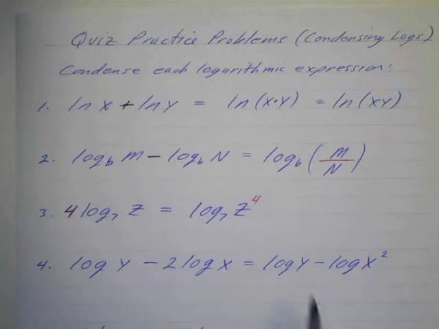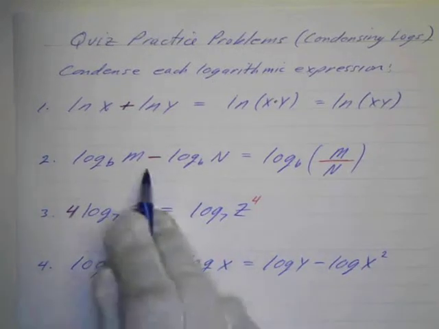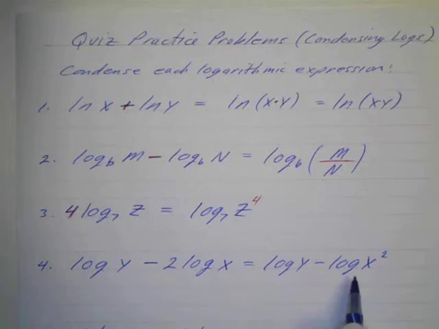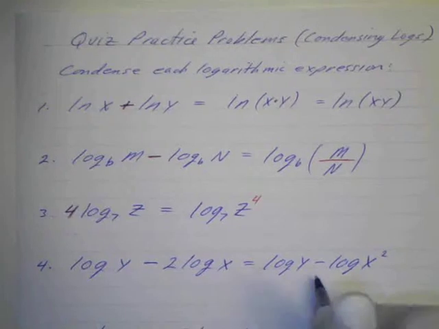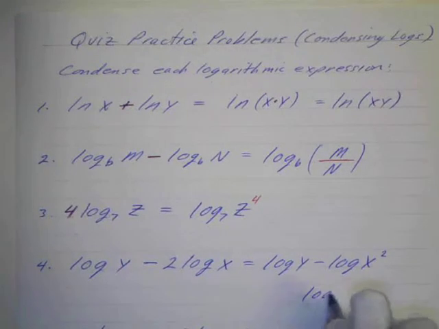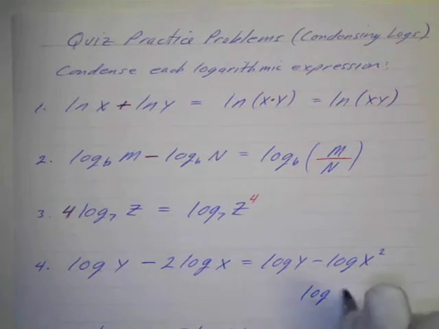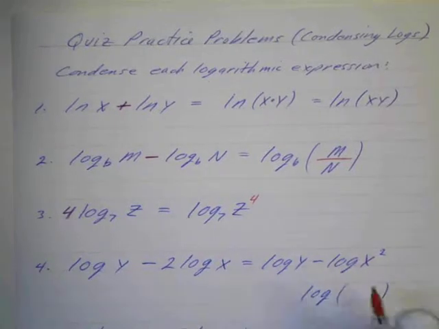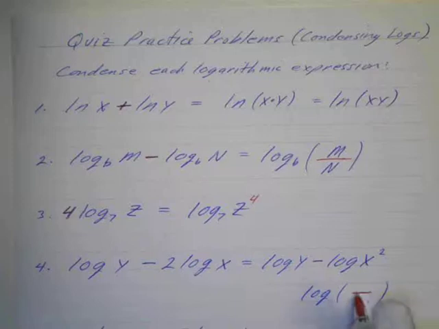And now we can use our quotient rule, similar to what we did in number 2. So we know that the difference of the logs would be the log of a quotient, so we can rewrite this as the log of a quotient. And this minus sign will be like our fraction bar.